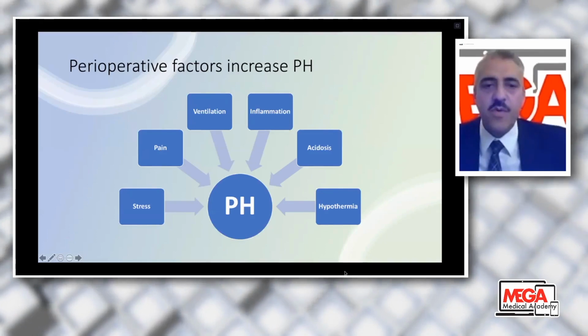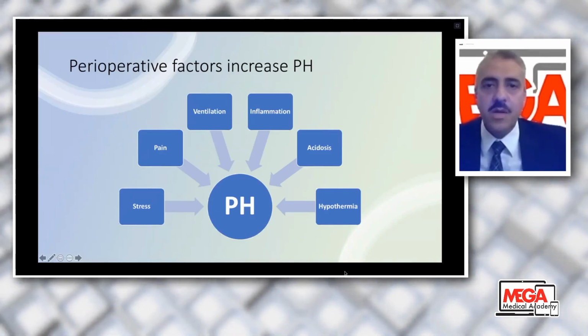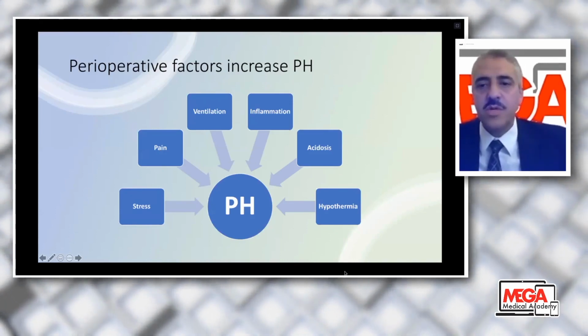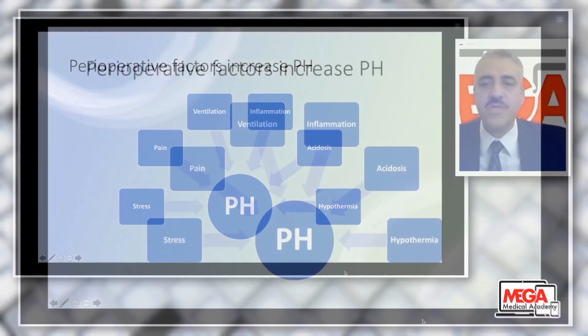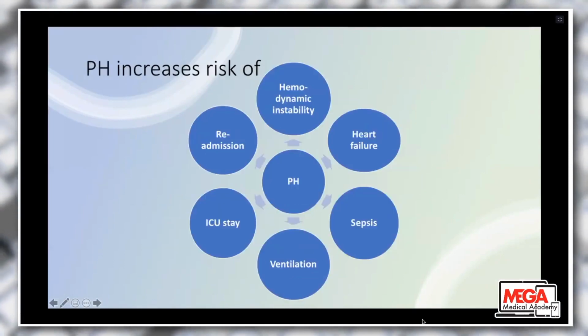Among these factors are stressful conditions like endotracheal intubation, pain, starting mechanical ventilation, any inflammatory process, acidosis, and hypothermia, which is frequently encountered in the OR. All these factors increase pulmonary hypertension.